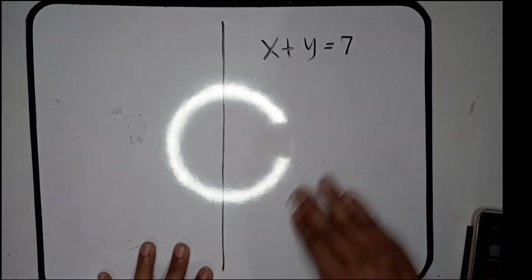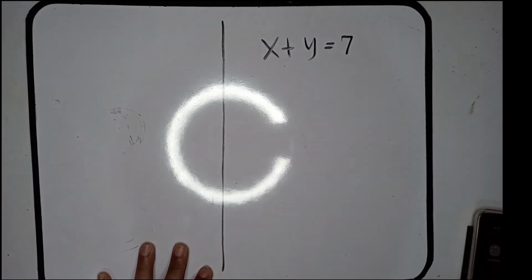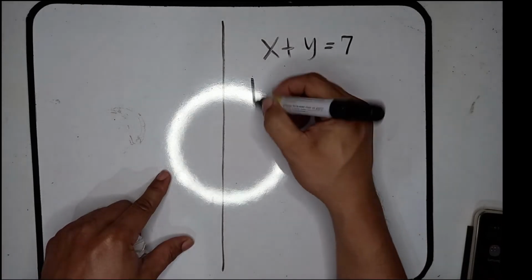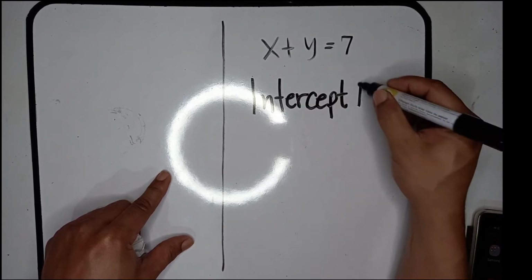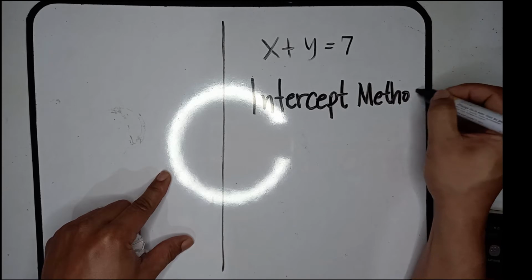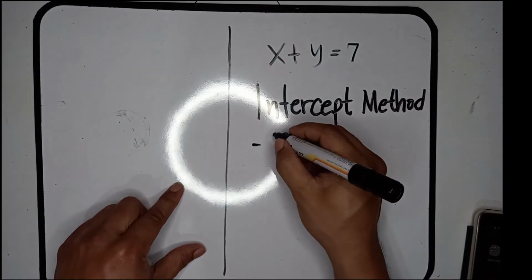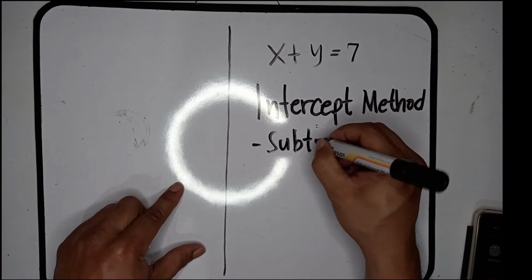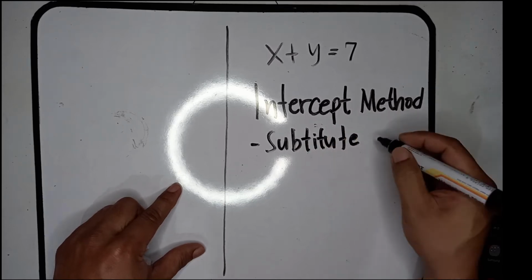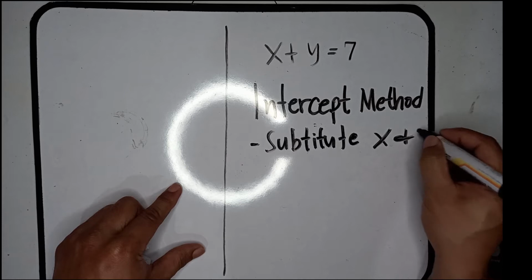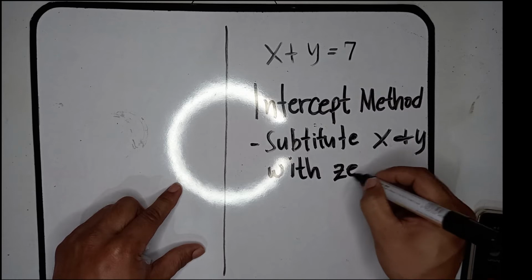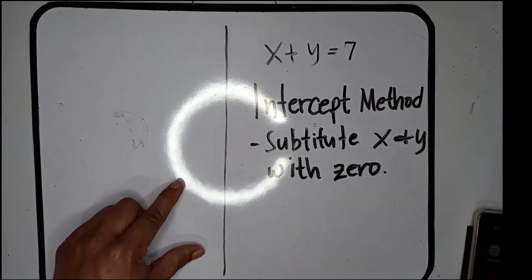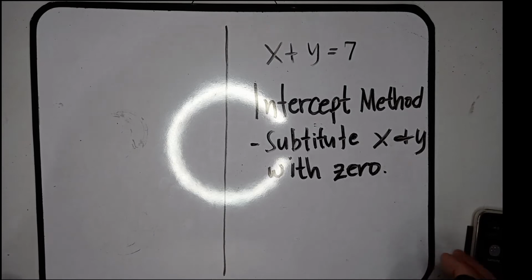Okay, the intercept method means that you have to substitute x and y with 0. Okay, so that is the intercept method. You have to substitute y and x with 0.